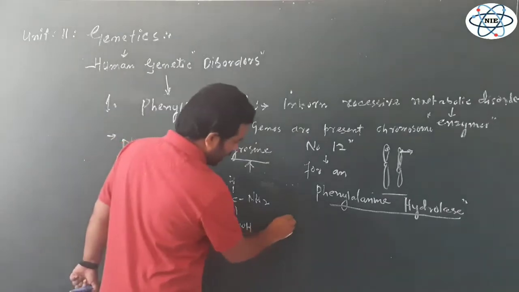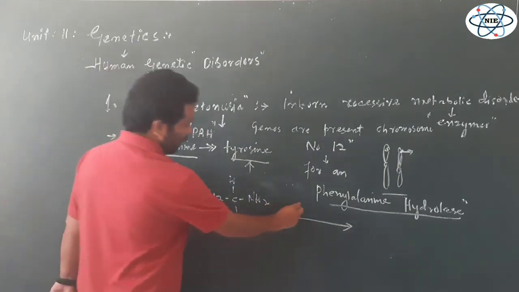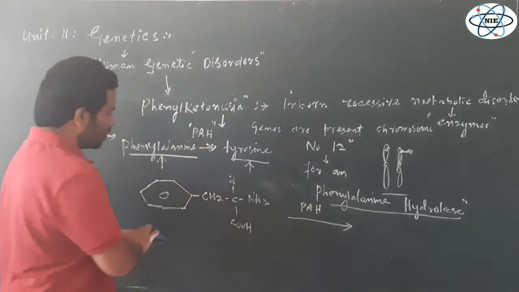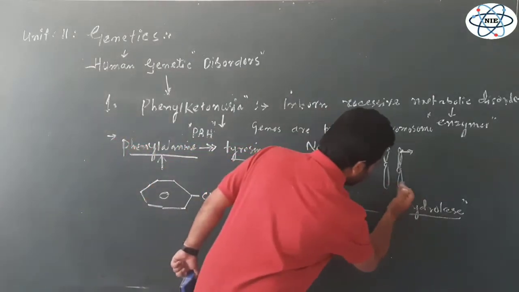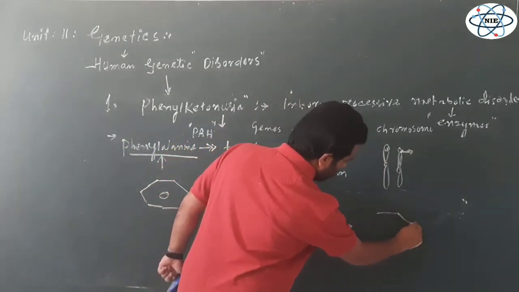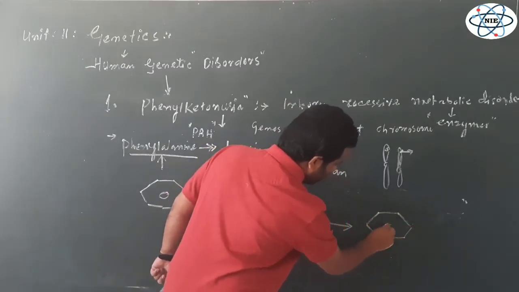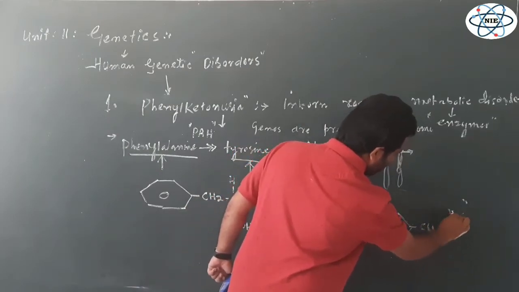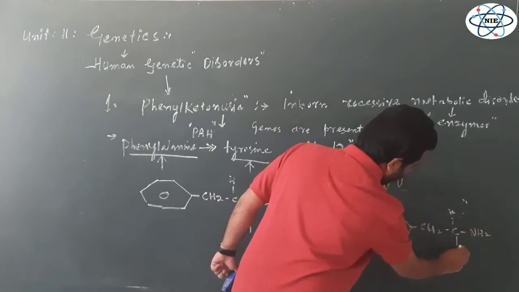So in the presence of this enzyme, whose genes are present on chromosome number 12, phenylalanine hydroxylase, this phenylalanine gets converted into this structure. It is here CH2, CH, this is the alpha carbon, and here we will put NH2 and the carboxyl group.